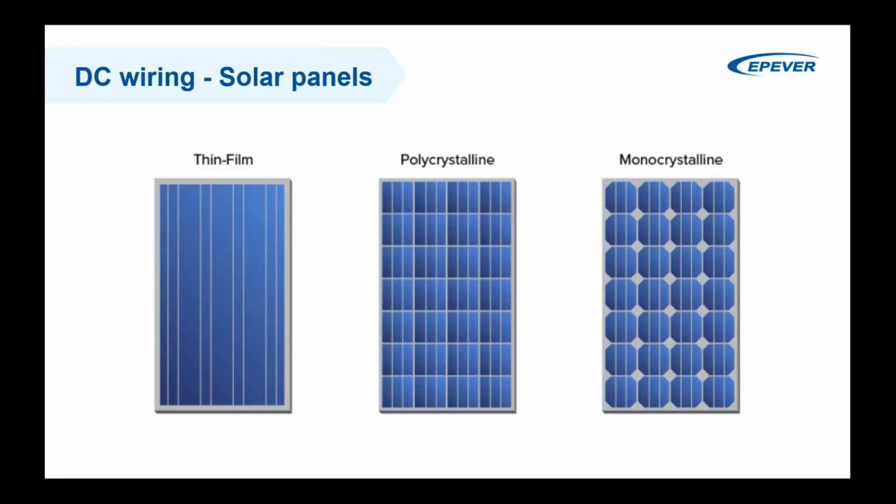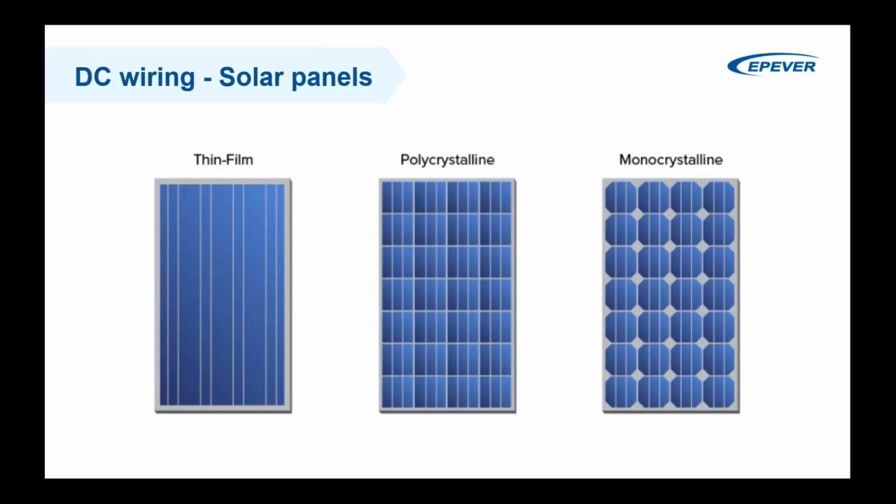Now we are talking about wiring, so we have to talk about connectors. MC4 is connected to the panel, and on the other side of a solar cable could be a wire or another MC4 connector. But anyhow, you have to get these wires connected to your charge controller.